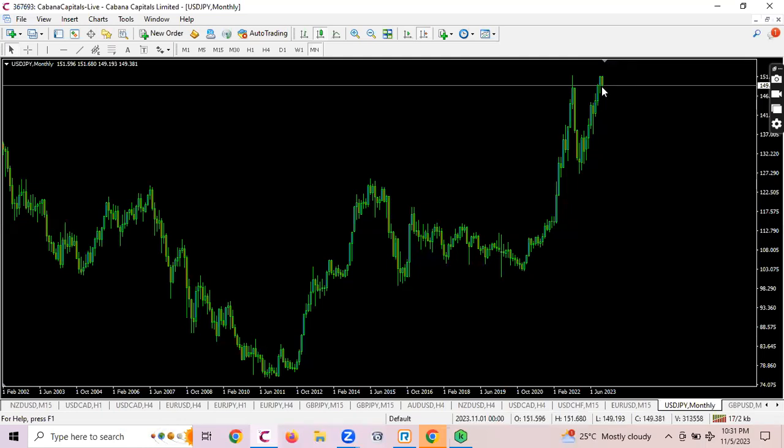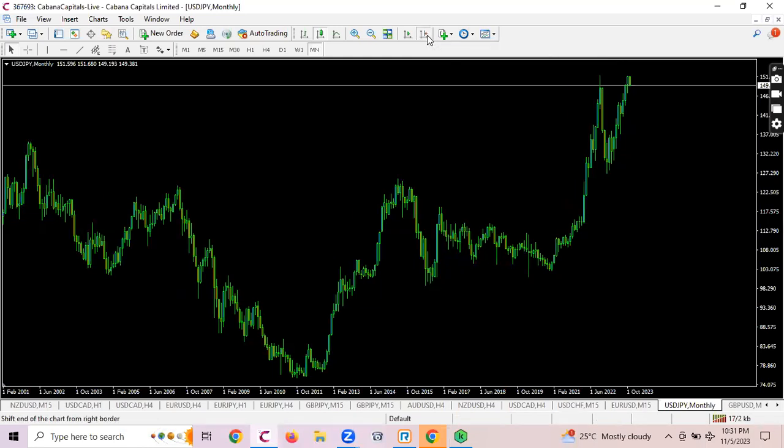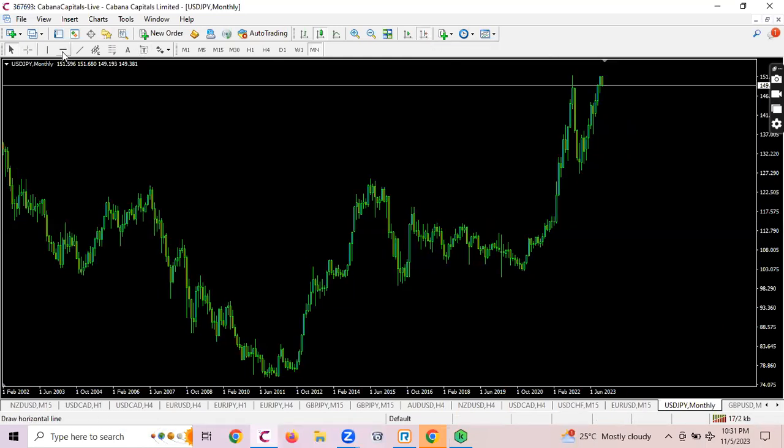Okay, you can see what we have here. The month just started, so we cannot decide based on the current month's candlestick. But last month's candle was strongly bullish, and it closed above this resistance level. So it was a breakout from resistance.